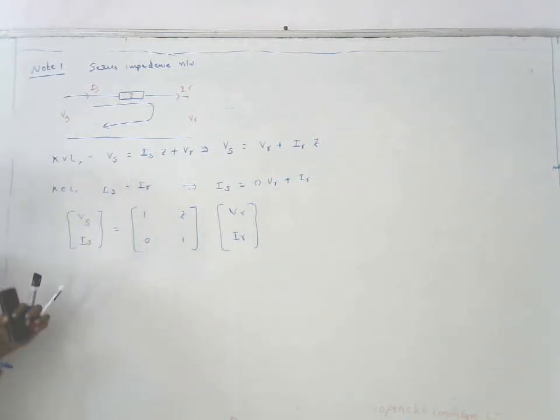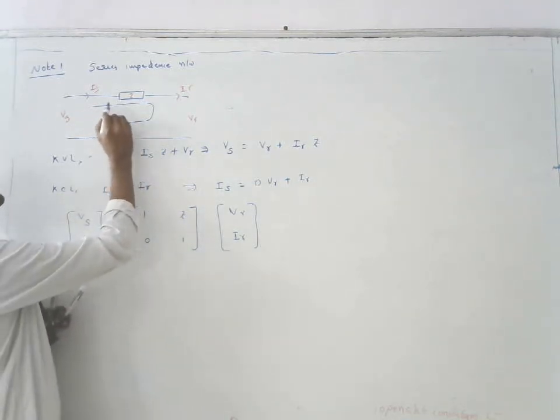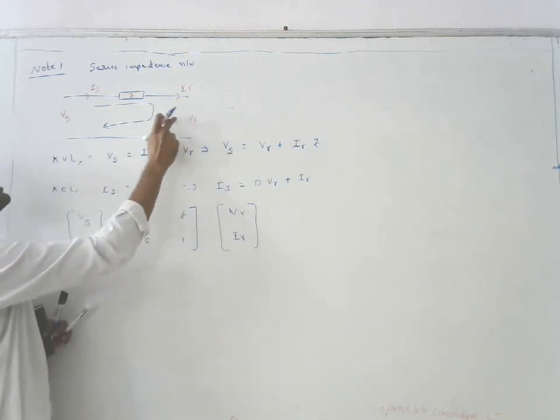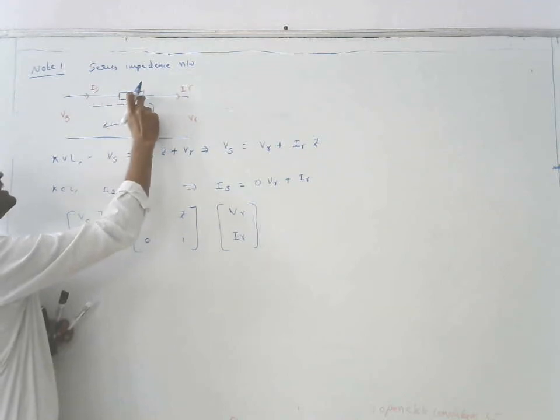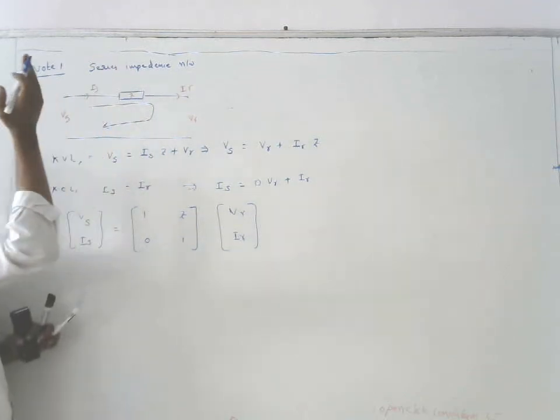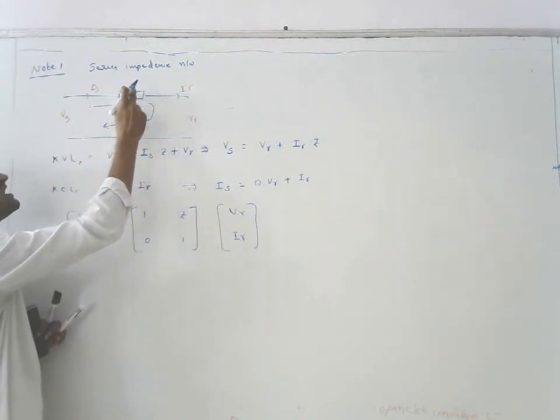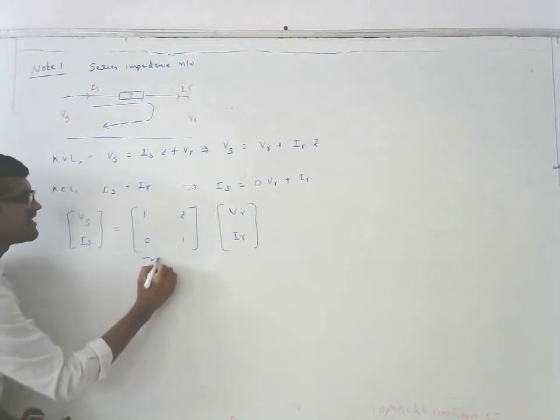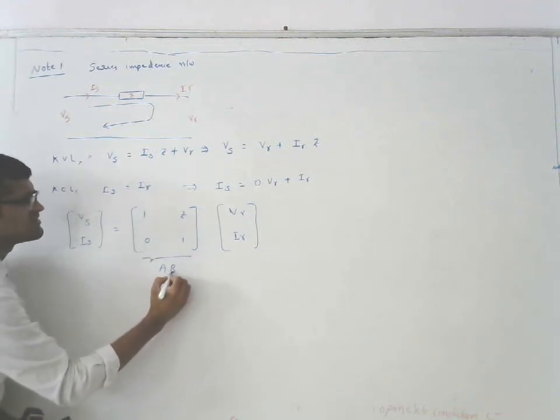This voltage is equal to the sum of this voltage and this voltage. This is what, impedance. So impedance into current is nothing but voltage. So how much voltage gives Is into Z or IR into Z, because Is is equal to IR here, connected in series. Right? Now these parameters are called ABCD parameters of the series impedance network. Keep in mind, very important.